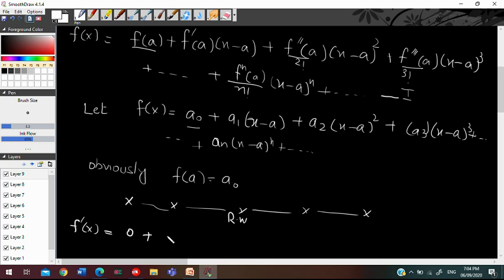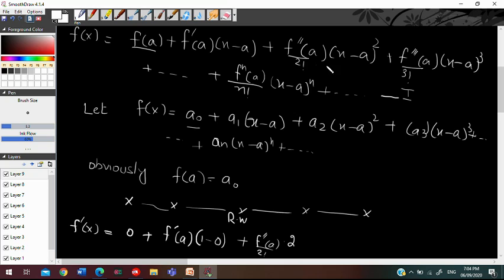And then f prime of a into 1 minus 0, plus f double prime of a divided by 2 factorial into, first we solve the power.